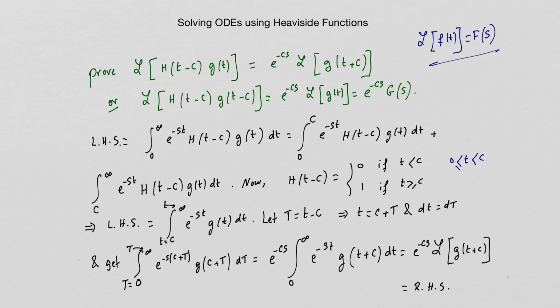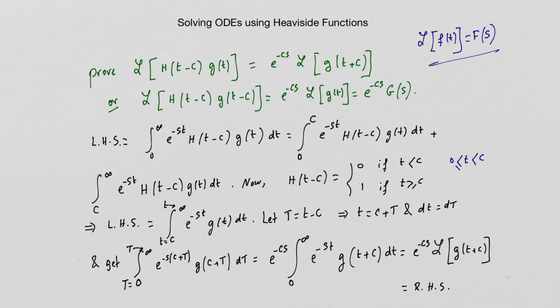Now, recall h of t minus c, when we introduced this type of function, it looks like this. Go back to the last video to see simple examples: h of t minus 3, h of t minus c, and h of t minus c minus h of t minus d.